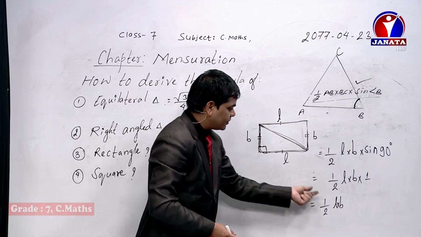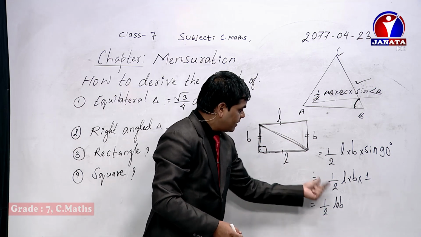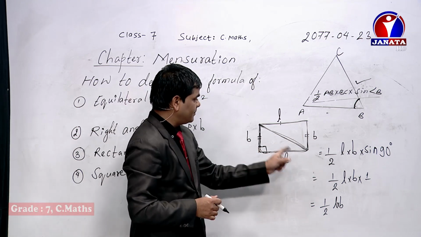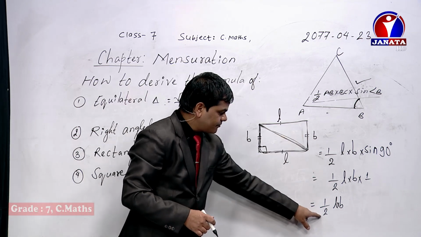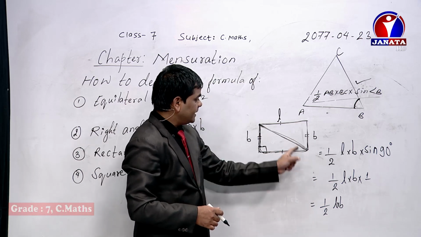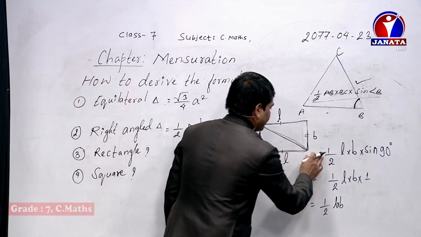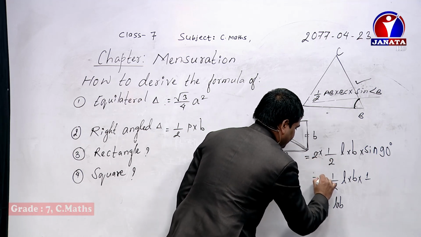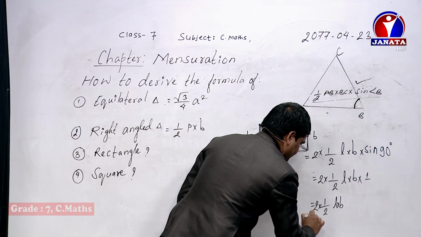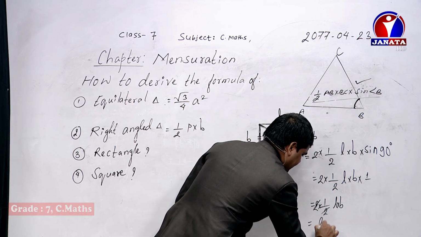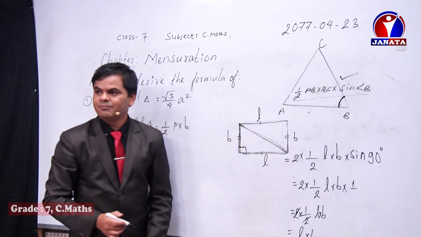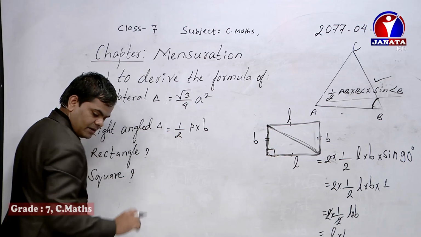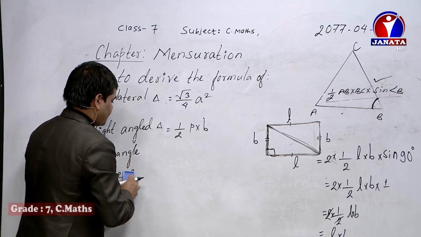So we have found the formula of one triangle, and there is another triangle. If we multiply this by 2, because there are two triangles, the 2 cancels, and what remains? L into B. So this is the way of deriving the formula of a rectangle. Now we can write the formula of the rectangle.